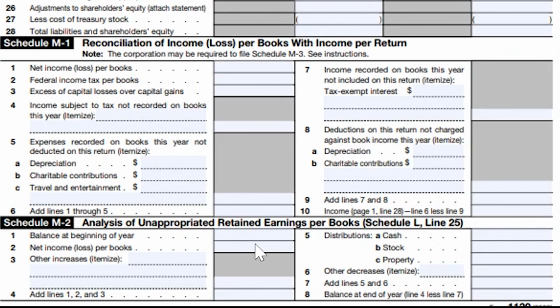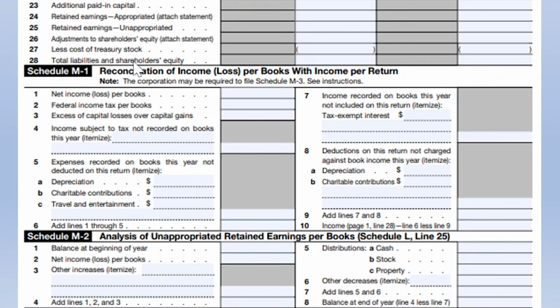It's right here on line 2. So this number on line 2 will equal the number right here, line 1. And after you reconcile or roll forward the retained earnings, this number on line 8 will ultimately equal the number on line 25 for retained earnings. So all the schedules tie to each other. They should be able to reconcile.